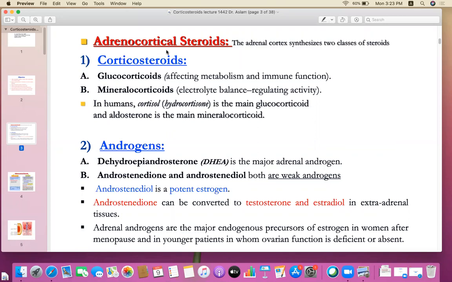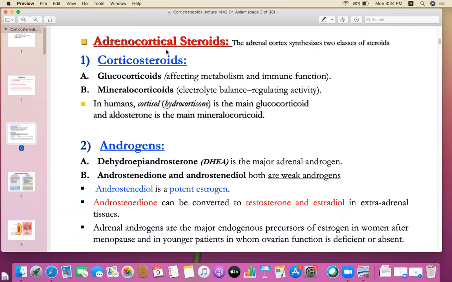Glucose is related to carbohydrate, and carbohydrate is related to metabolism. So glucocorticoids are responsible for the metabolism of carbohydrates, proteins, lipids, and overall maintain the immune function of the body.